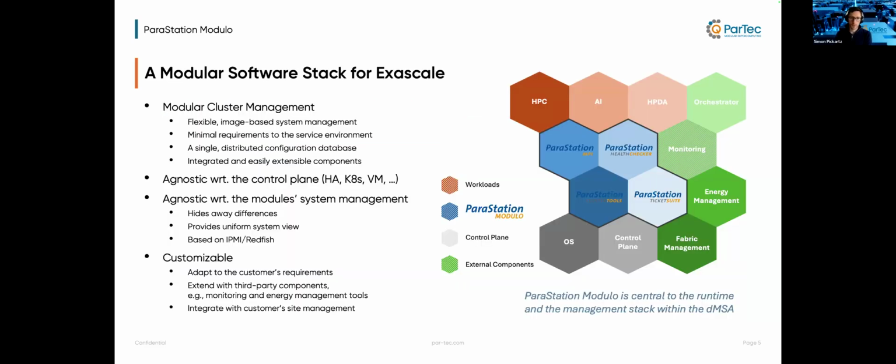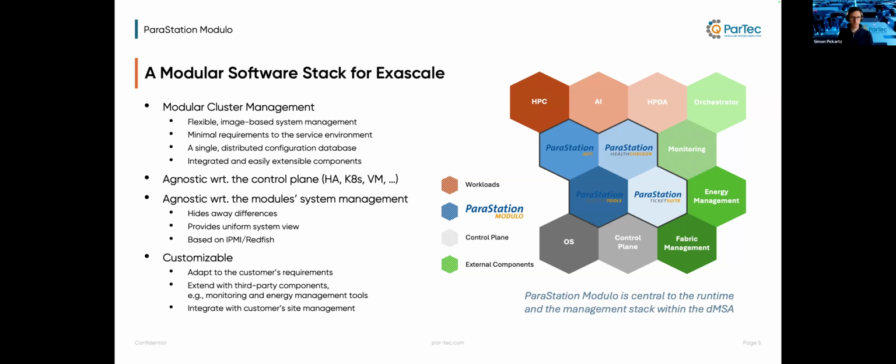Here you see an overview of how ParaStation Modulo integrates into our software stack for exascale. As you can see, it plays a central part in the overall software stack. We sit on top of the OS layer and the control plane. So ParaStation Modulo requires, let's say, a common Linux distribution.